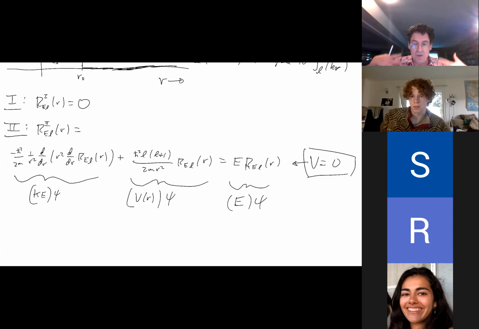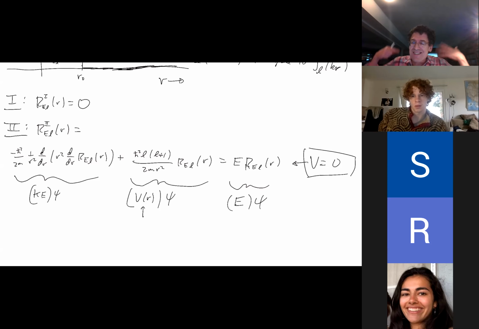So this is familiar to you. It's like a Schrodinger equation. I got a kinetic energy, got a potential, got the energy on the other side. But the potential is 0. So this is not really the potential. What is this thing? What do we call it? Centrifugal, yeah.